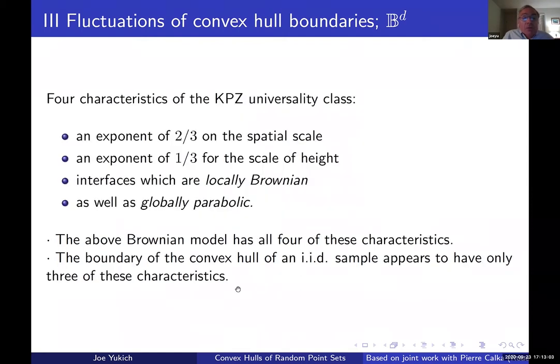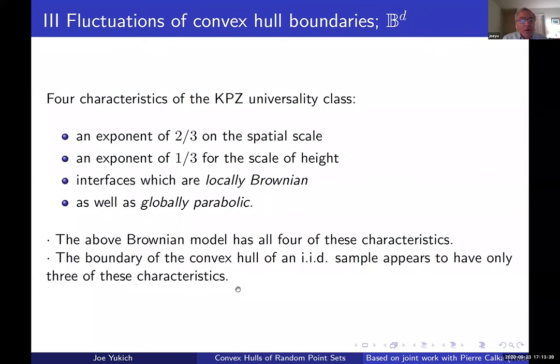And well, this reminds us of the 4 characteristics of the KPZ universality class. Namely, 4 characteristics are that there is an exponent of 2/3 on the spatial scale, an exponent of 1/3 for the scale of height. The interfaces of this motion should be locally Brownian, and that's the case in this example. And there should be some parabolic constraints, and that's exactly what's happening in this toy model.